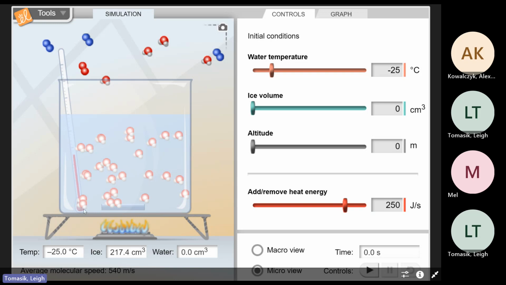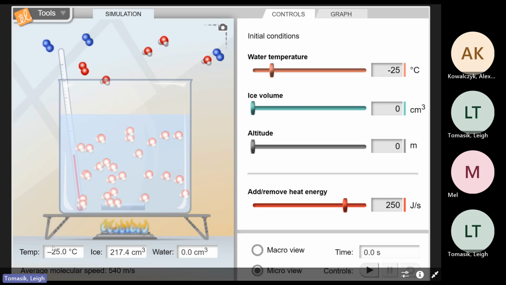Okay, so as the ice is heating up at first, watch the particles, okay, and you'll see the particles start to move faster in the ice, right? As the temperature increases, these particles should move faster.